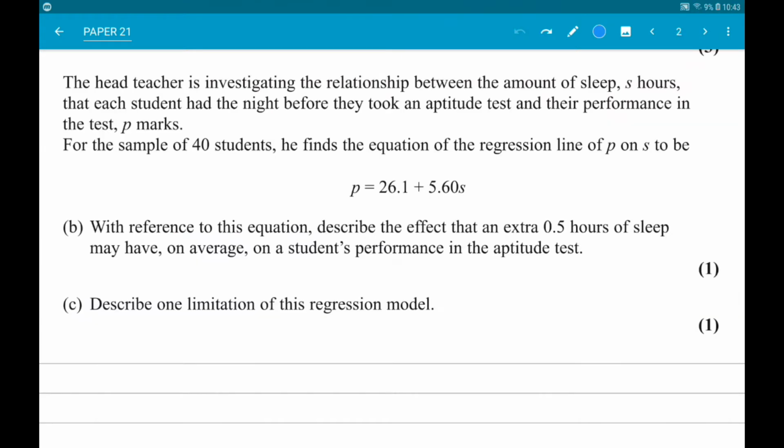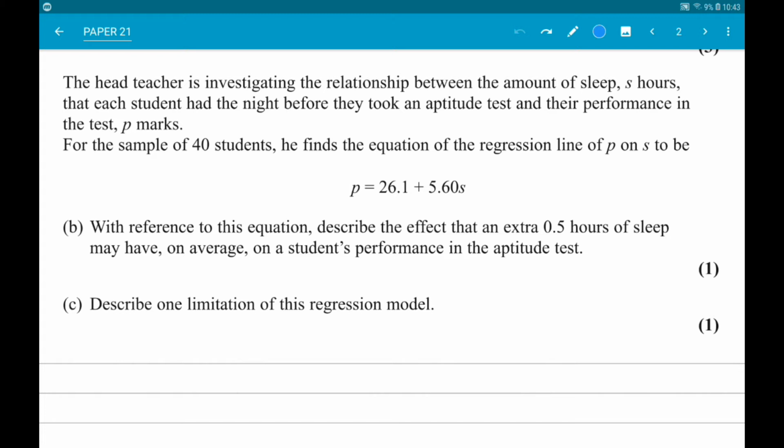The head teacher is investigating the relationship between the amount of sleep S hours each student had the night before an aptitude test and their performance on the test P marks.